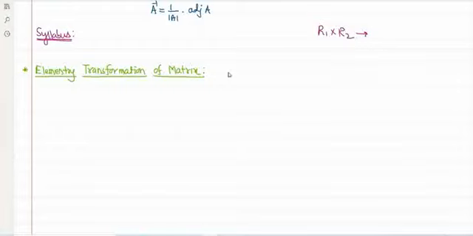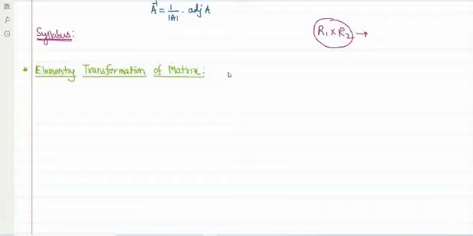Swapping of two rows means what exactly, in mathematical terms? One answer came that R1 into R2. 49 students are here, but very few students are talking. Reply quickly.